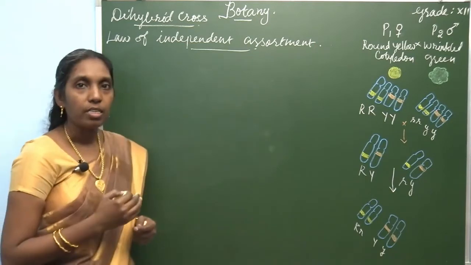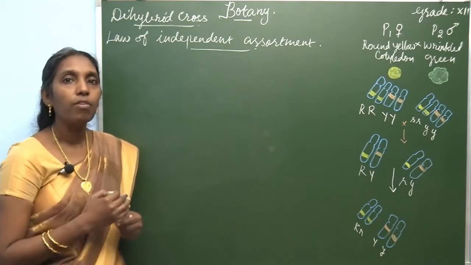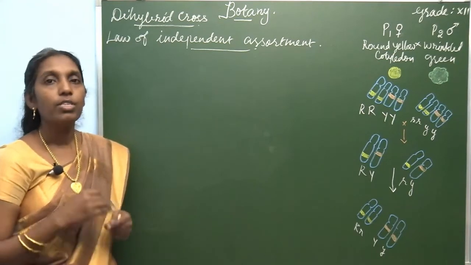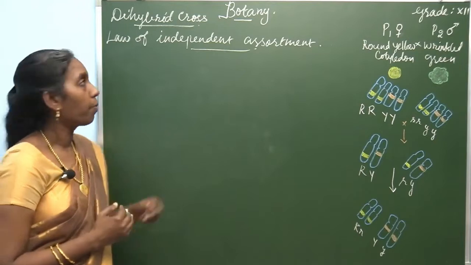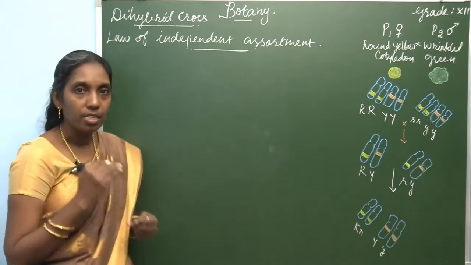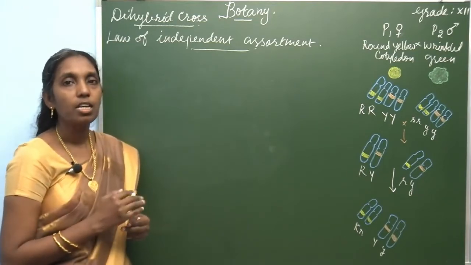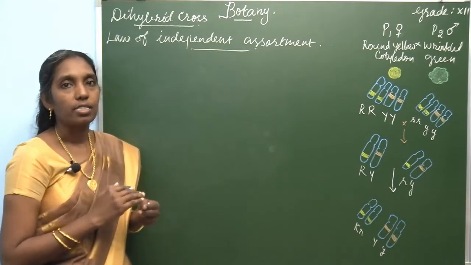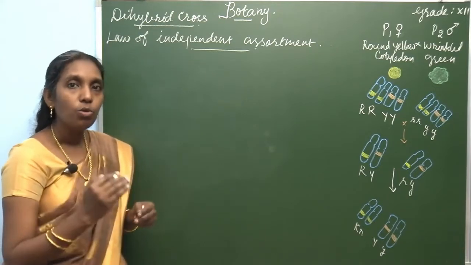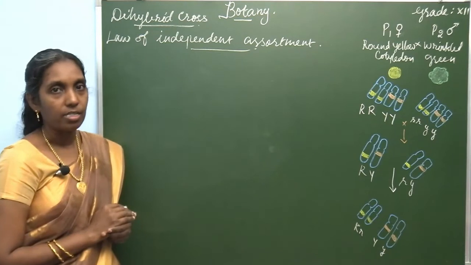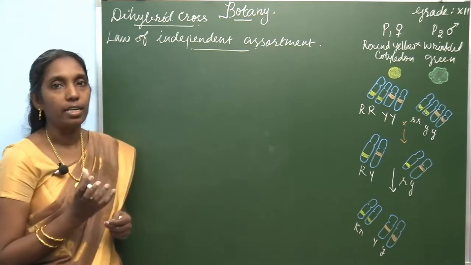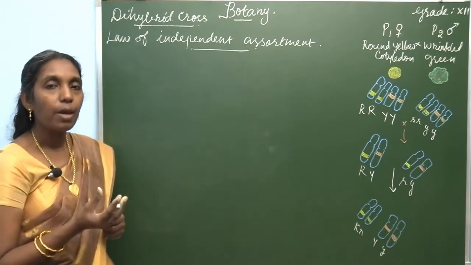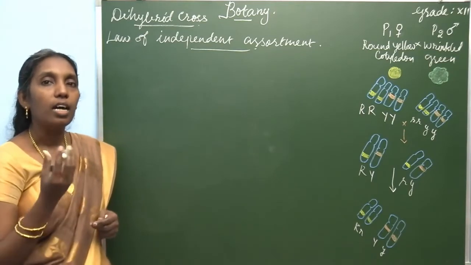When you take two pairs of contrasting characters, when two characters are combined together as a genotype, a dihybrid cross is a genetic cross which has two contrasting characters, a pair of two contrasting characters. Here the example taken is the cotyledon, the shape of the cotyledon and the color of the cotyledon.